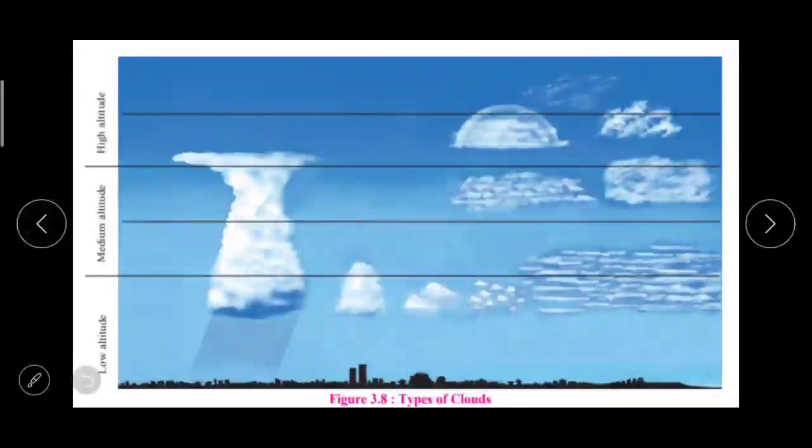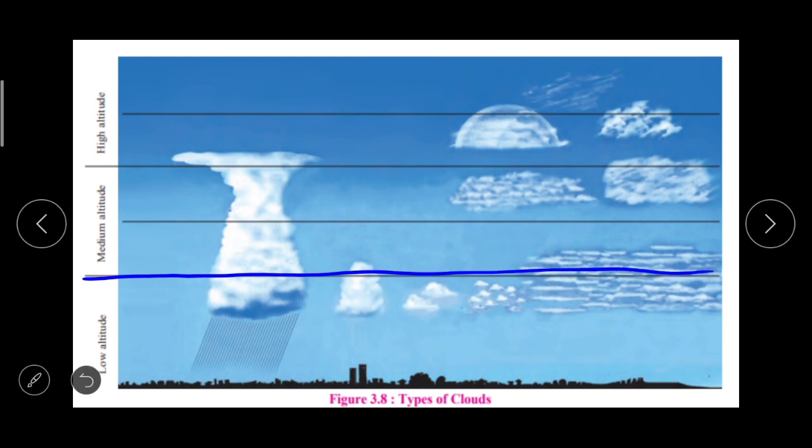Here again with the figure 3.8 you can easily understand this one. Low altitude, that is less than 2,000 meter.